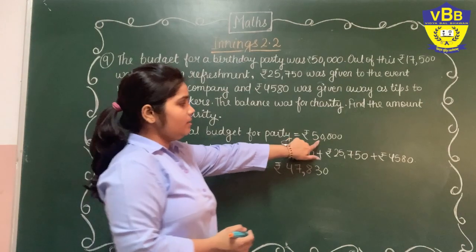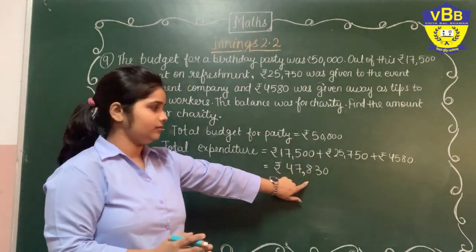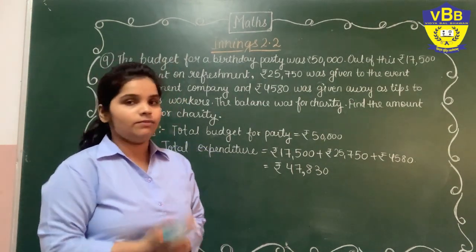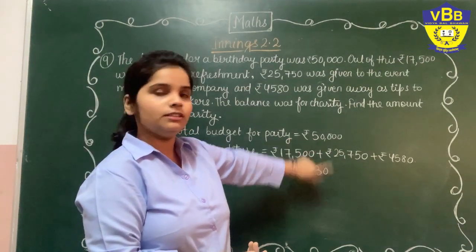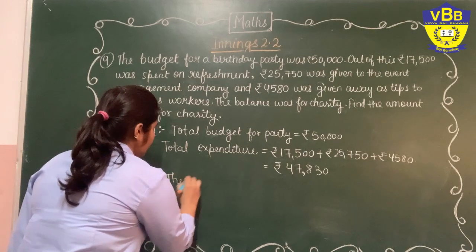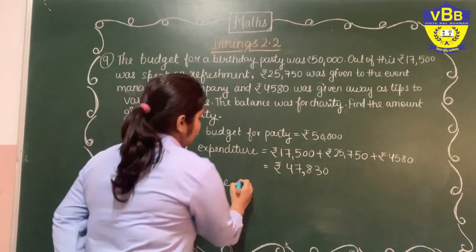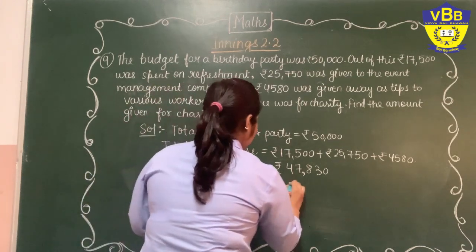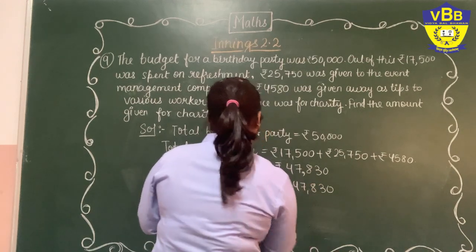So out of the total budget of 50,000 rupees, this much money has already been spent. So what are we left with now? How will we find it? We will subtract this expenditure from the total budget. Okay. So the balance will be 50,000 minus 47,830.